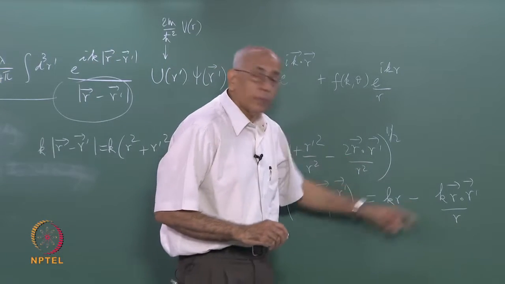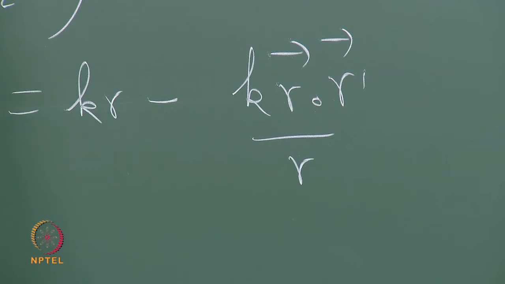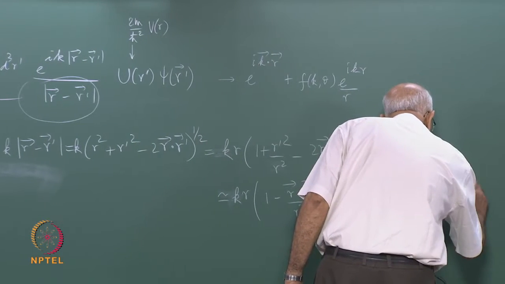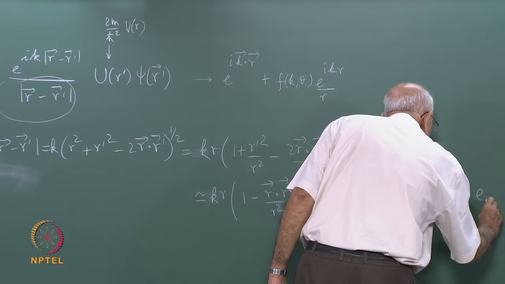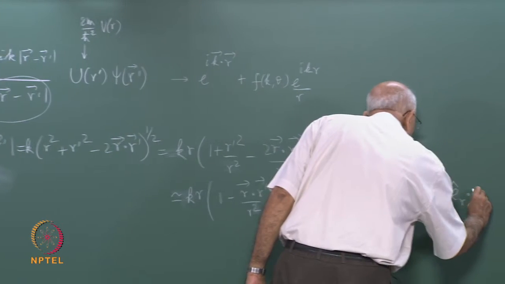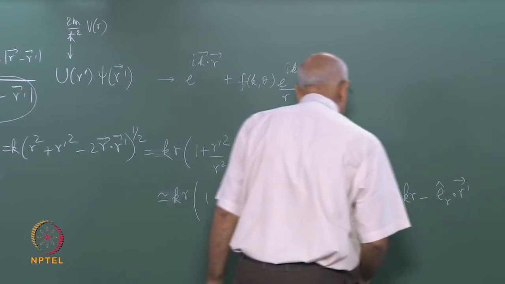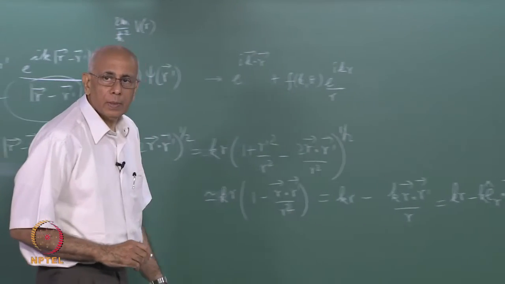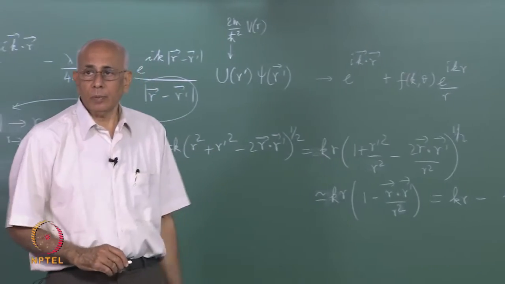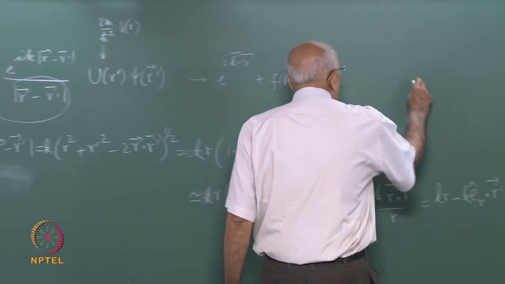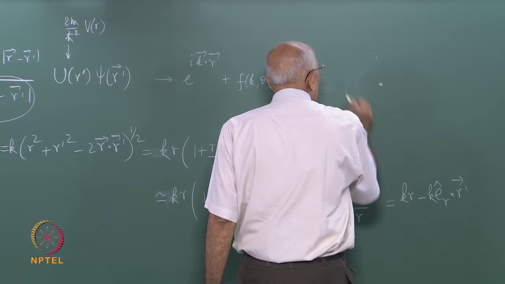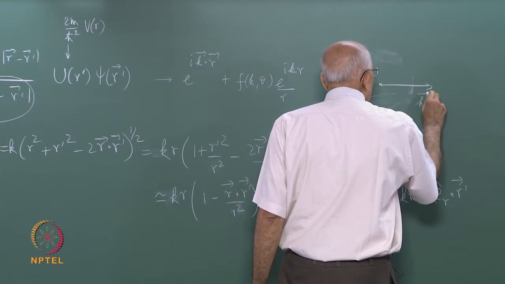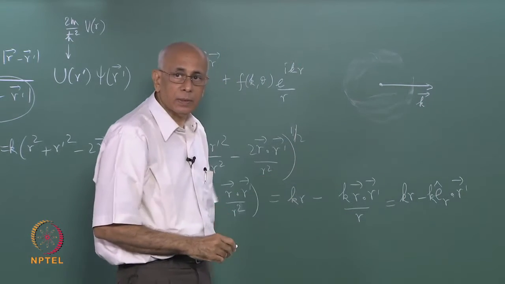But r vector over r magnitude is just the unit vector in the direction of r. So this is equal to kr minus k times the unit vector along r dot r prime. Now for a little bit of geometry. If you had the origin of coordinates here, and there is this potential all round, this was the direction of the incident wave, the polar axis here.